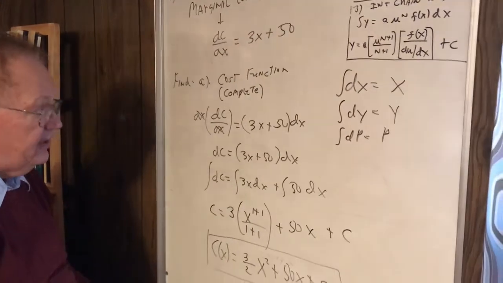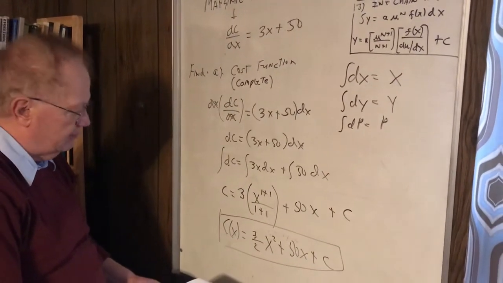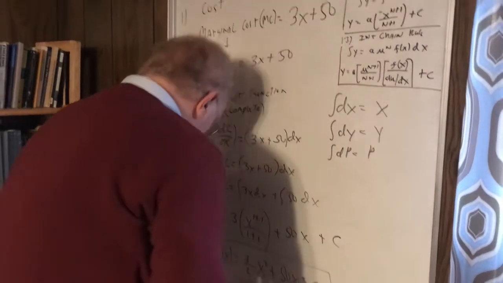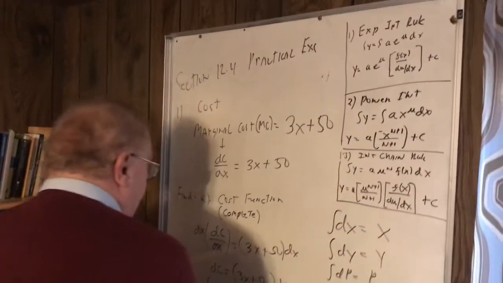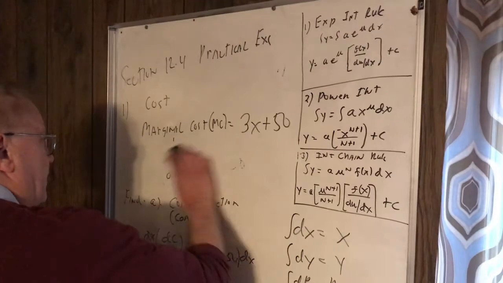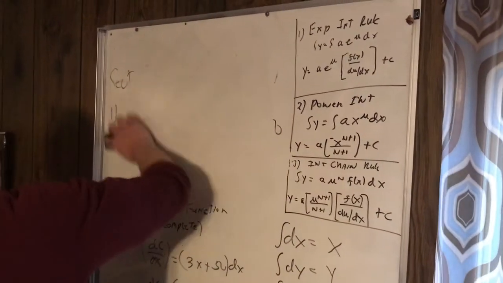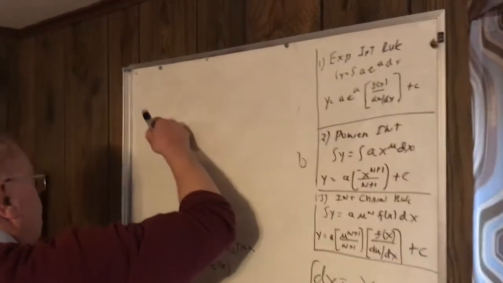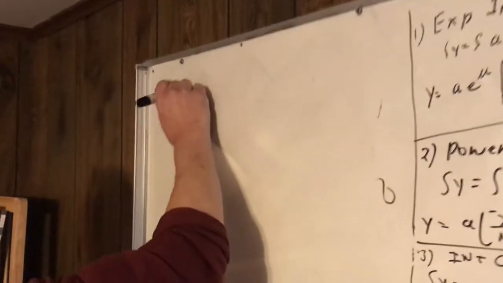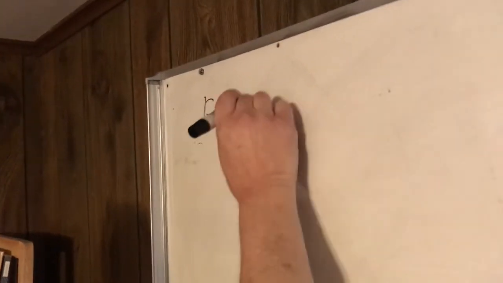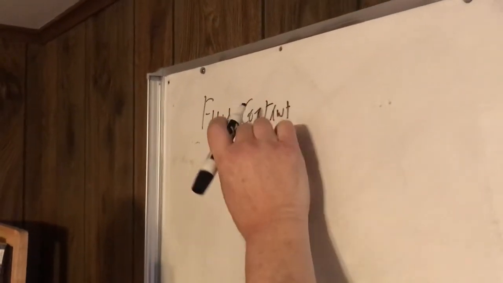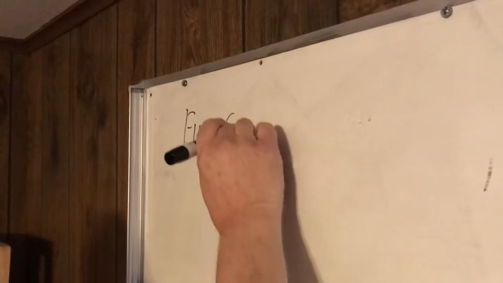In order to get c, you need some additional information. So what additional information will they give you here? So let's add it on. We're now going to find c. So I have to find the constant c.